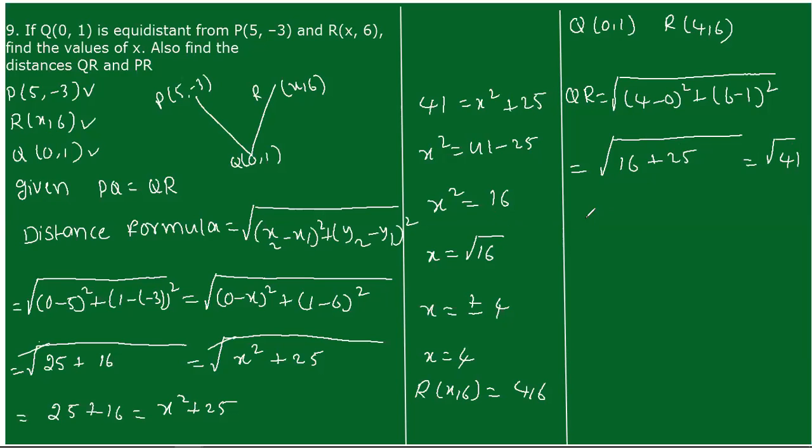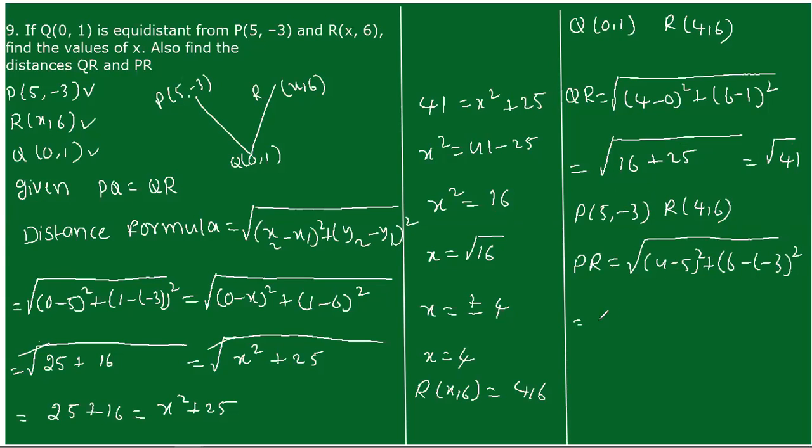Now PR. The P point is (5, -3) and R is (4, 6). So let's find the PR distance. PR is equal to under root of (4 minus 5) whole square and (6 minus (-3)) whole square. So here 4 minus 5 it is minus 1, whole square means it is 1 only.